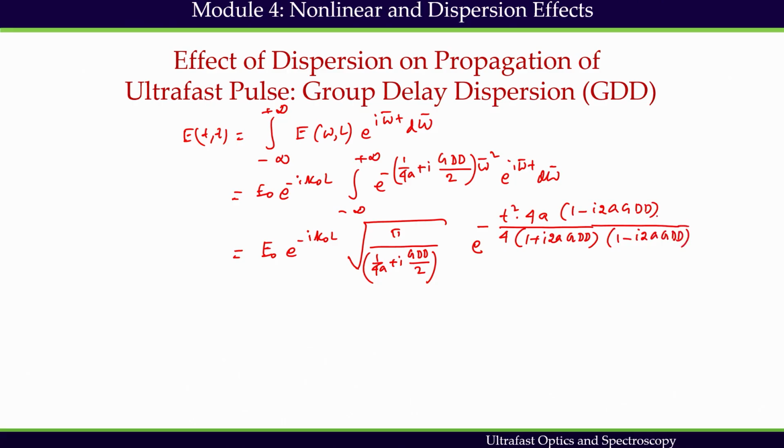We multiply this, so this one is going to be 1 minus 1, this is going to be 1 plus 4 a square GDD square, and the cross term is gone, and that's the way we get back this expression.